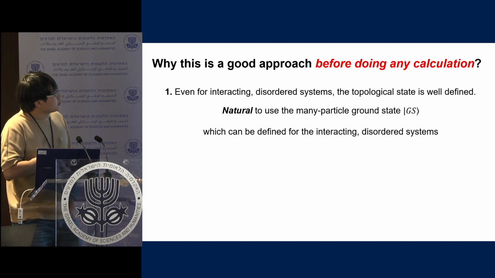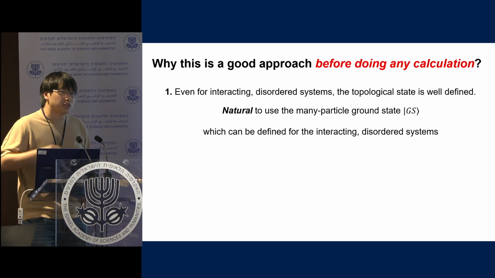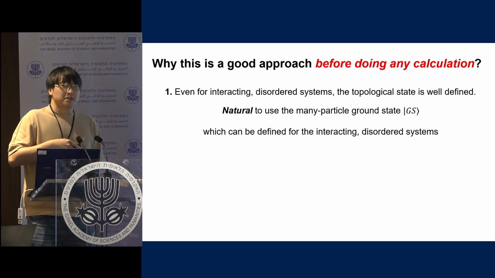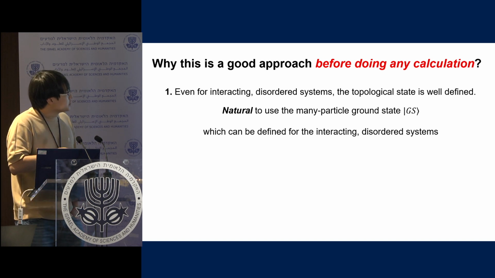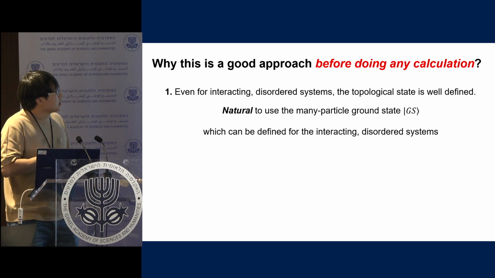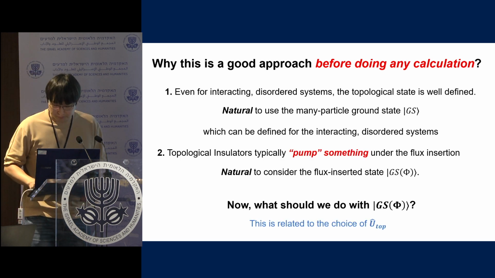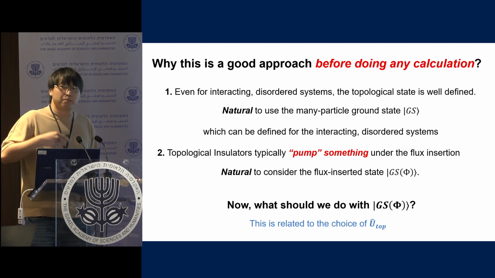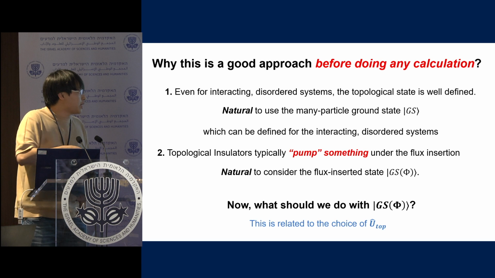First of all, as I said before, if the topological state is really a phase of matter, then you expect it to be robust against interaction and disorder. So it's kind of natural to consider the many-electron ground state, which you can define even in the case of interactions and disorders. On the other hand, we know that topological states typically pump something when you thread fluxes.